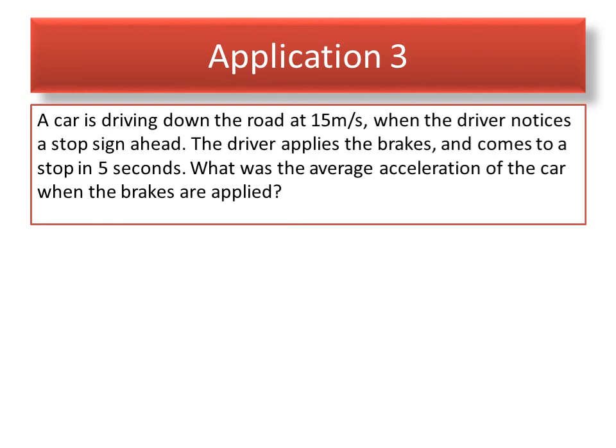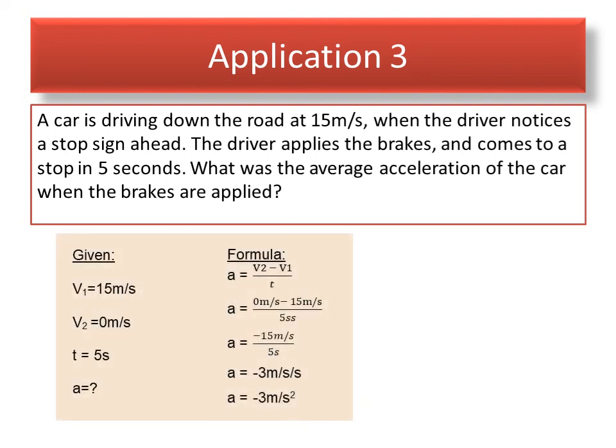You substitute the correct number and the correct unit. So it is V2 minus V1. You substitute. V final is 0 meters per second minus 15 meters per second over 5 seconds.